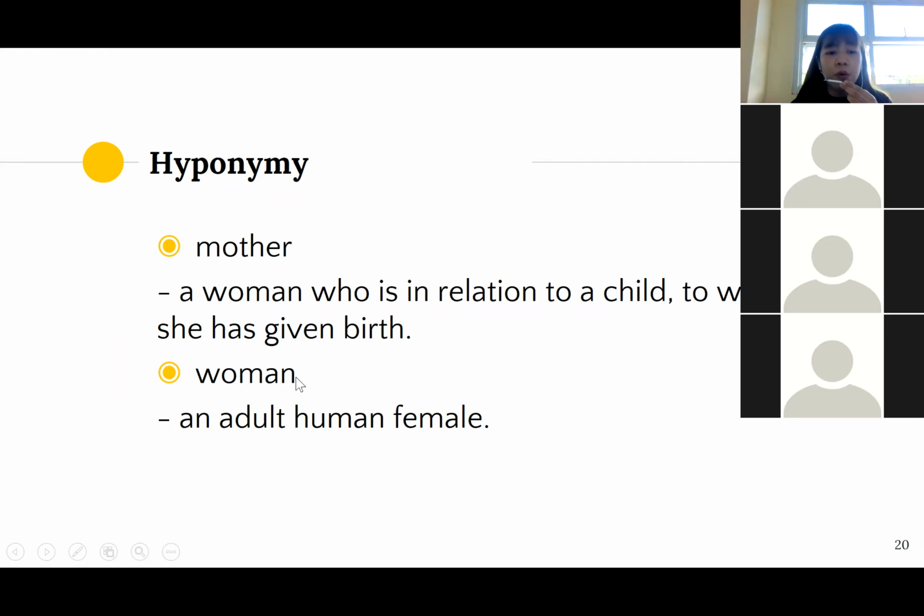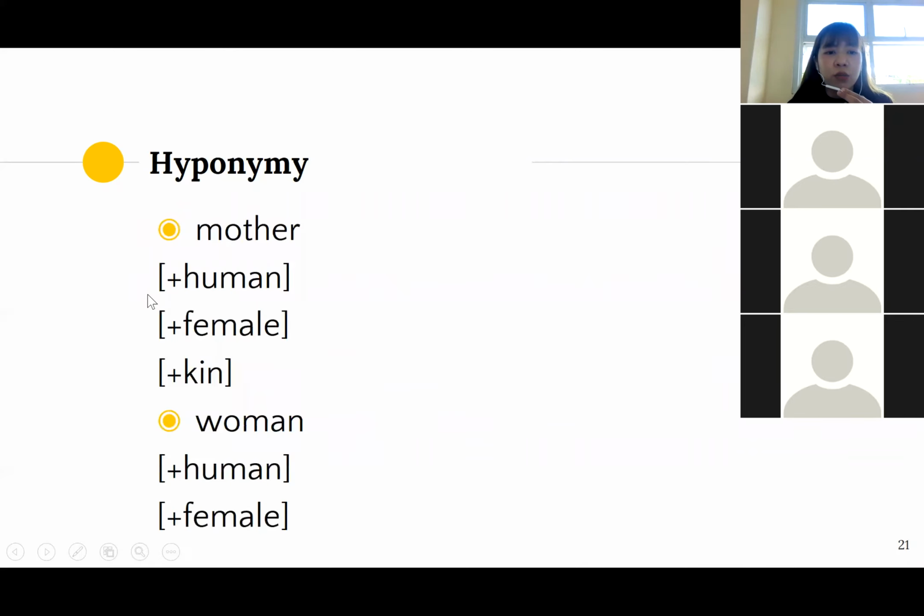Because when you define woman as a word, you do not mean all adult human females who give birth. Since there are adult females as well who are single, who do not have children. But they are adult human females, so they are just women. So you have there as well to show why mother is the hyponym.